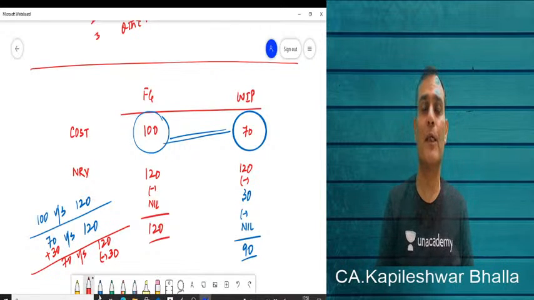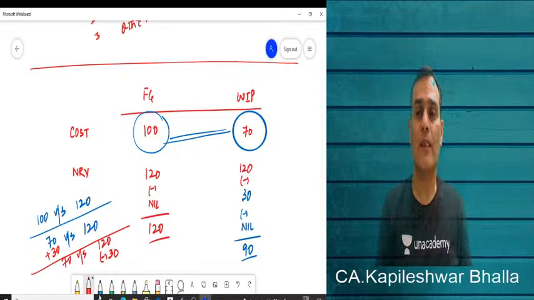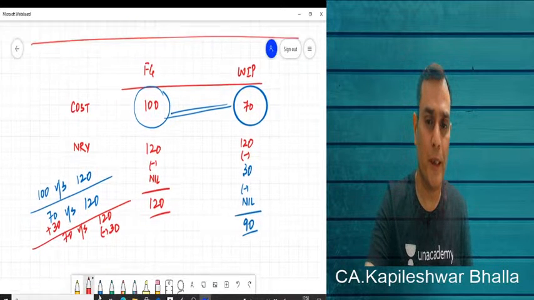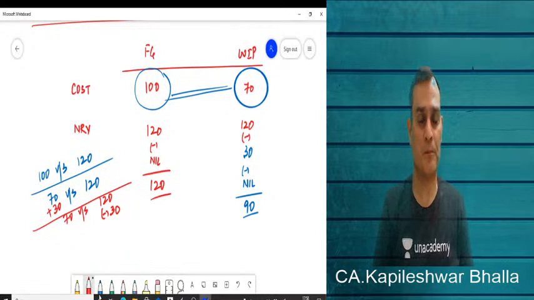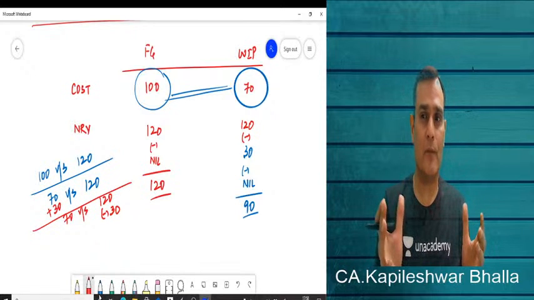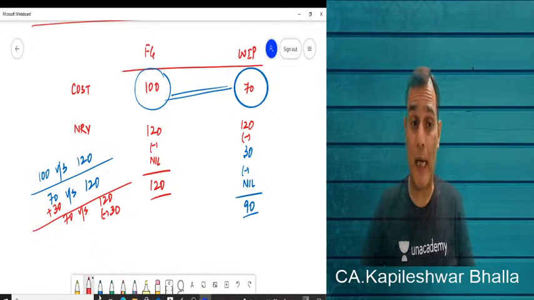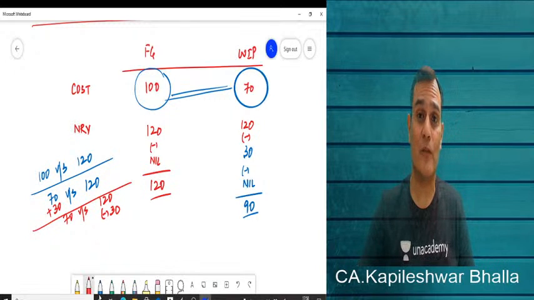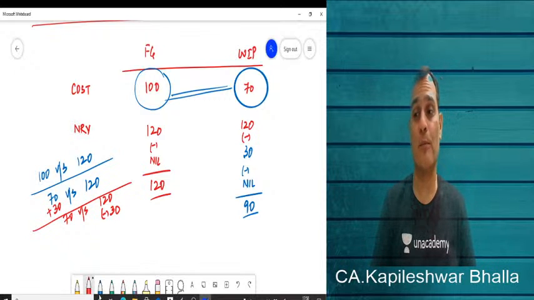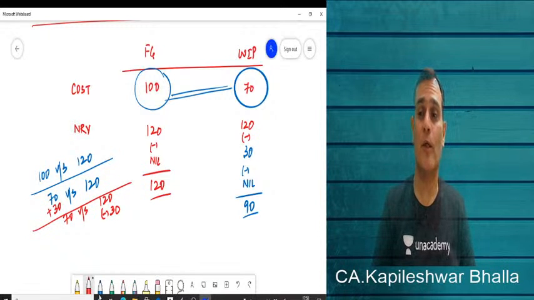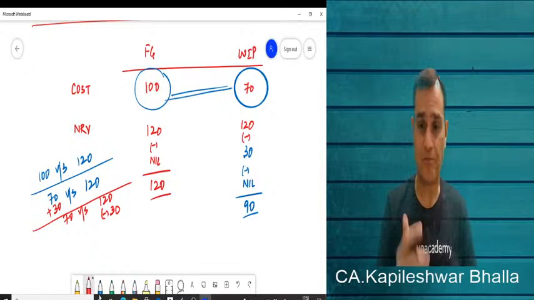So why does Ind AS 2 say that when you're calculating the NRV of the WIP, you should reduce the estimated cost of completion? Because you cannot compare the NRV of the FG with the cost of WIP. So either you add the cost of completion and then compare it with the NRV of FG, or you simply reduce the cost of completion from the NRV and then they become comparable.